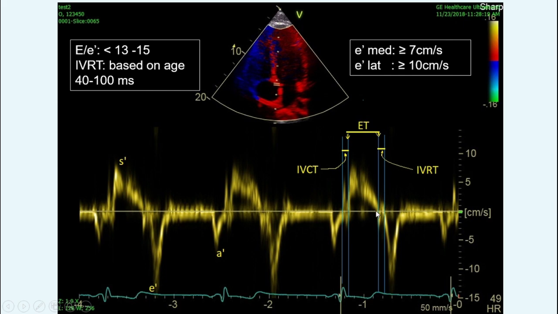So the time between this aortic valve closing and mitral valve opening is isovolumetric relaxation time, and it is right before E prime and after S prime. The time between these two is ejection time, and by measuring all these three parameters, we can calculate the TEI index.